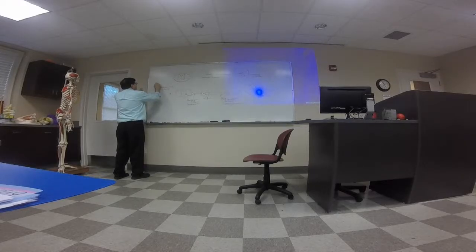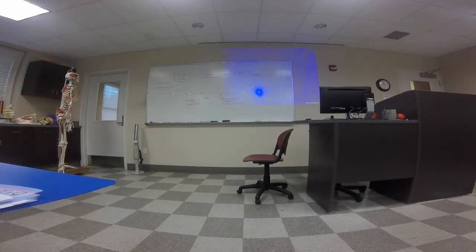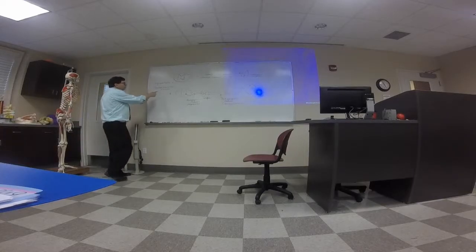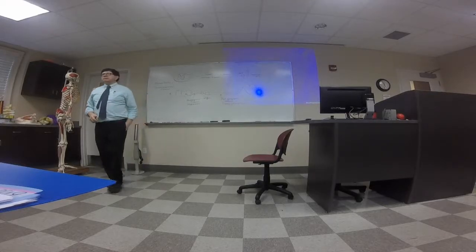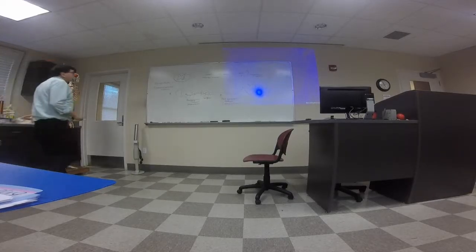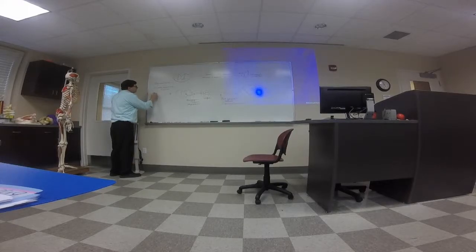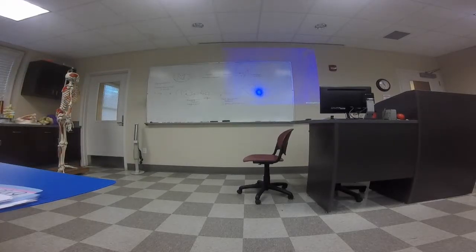So, sympathetic and thoracolumbar are synonymous. The reason that we call the sympathetic division the thoracolumbar division is because the cell bodies of the preganglionic neurons originate either within the thoracic segments of the spinal cord or the first two lumbar segments, so within the T1 through L2 region of the spinal cord. Hence the term thoracolumbar.